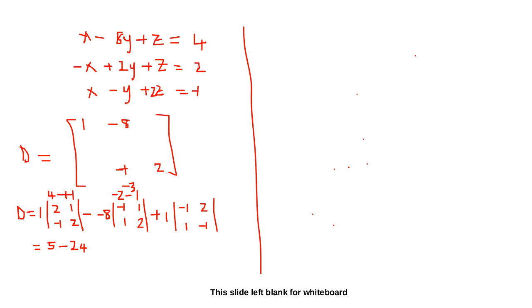Then we continue. The other one is we multiply the elements in the leading diagonal. So -1 times -1, that is a +1. Then minus 1 times 2, that is +2.